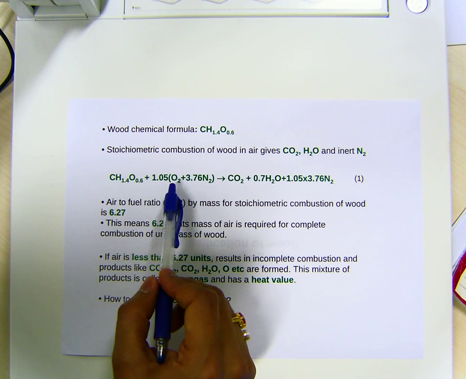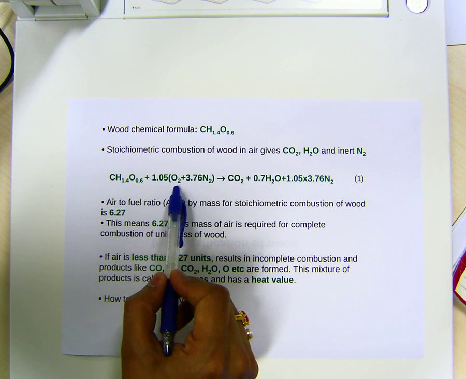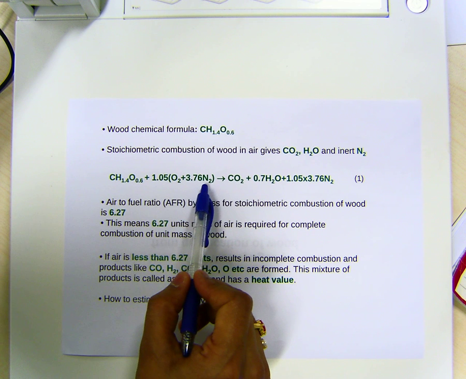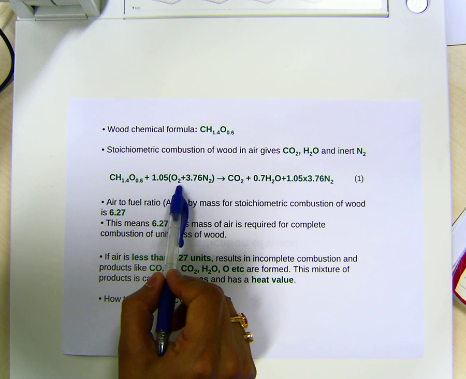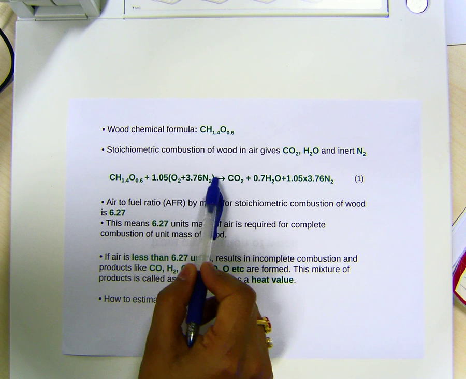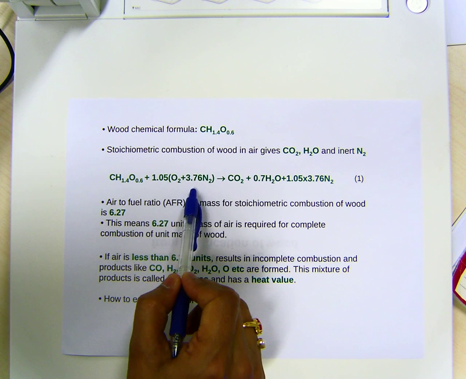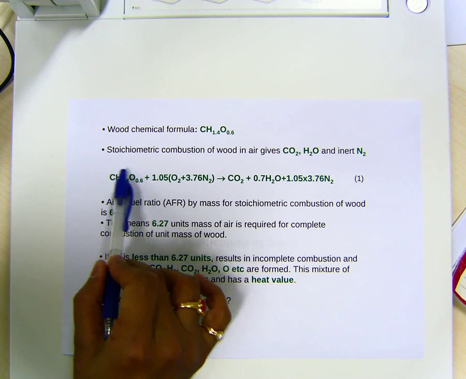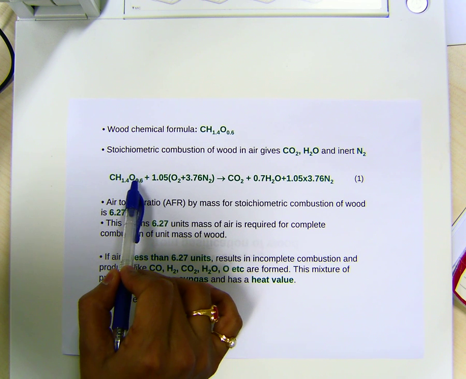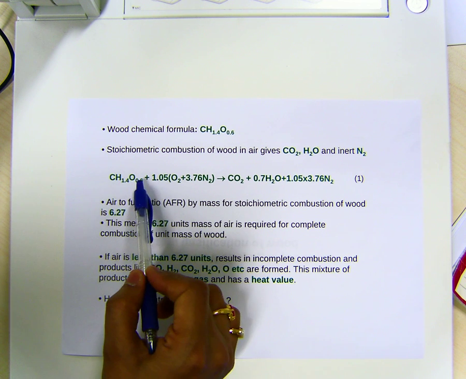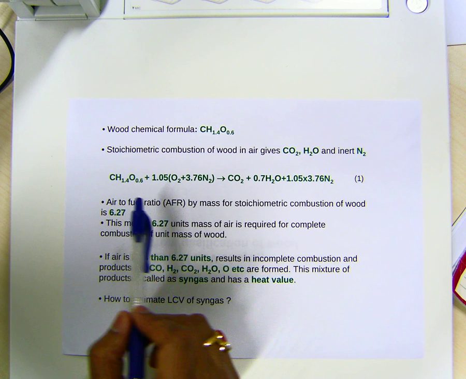We know the molar mass of oxygen is 32, the molar mass of nitrogen is 28, and you know the number of moles of air that is participating. So we can get the total mass of air that is participating, and also we know the molar mass of wood is 23, either in grams or kilograms.